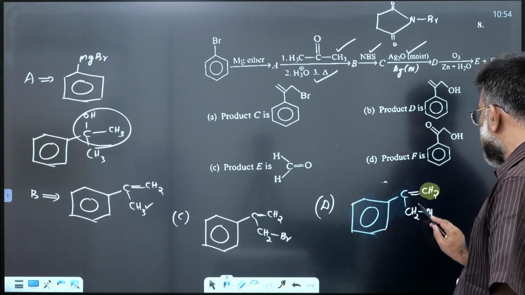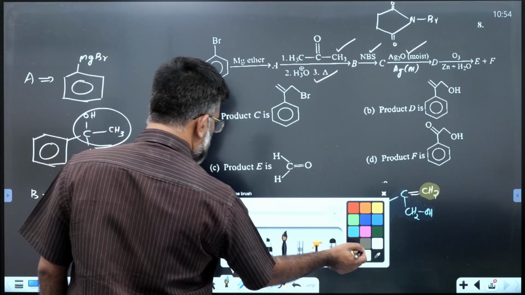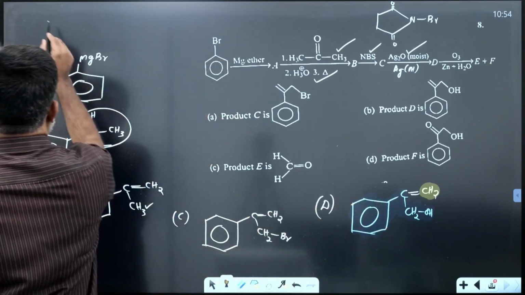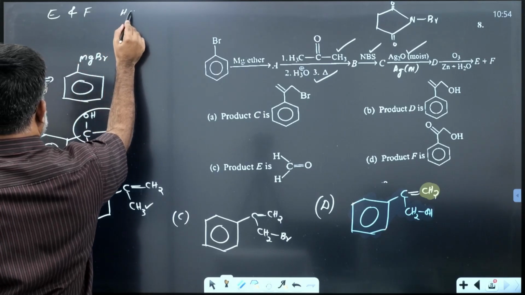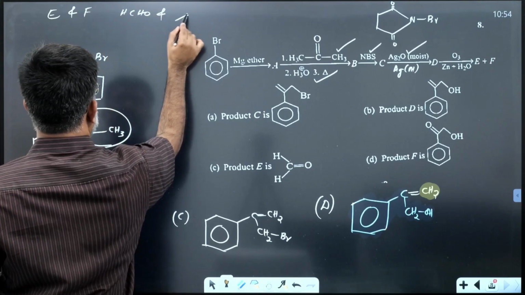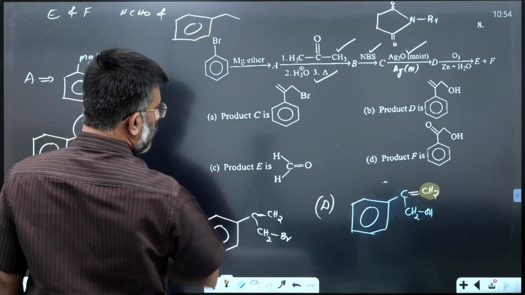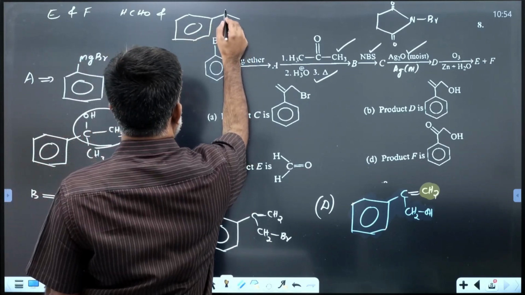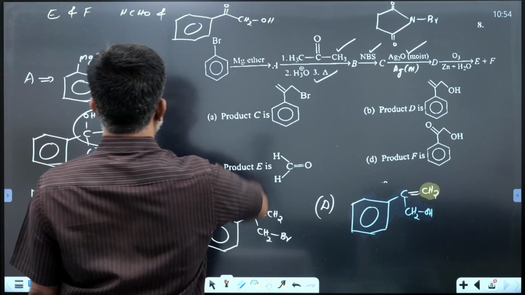That is E and F. One is formaldehyde and the other is a ketone formed over there.